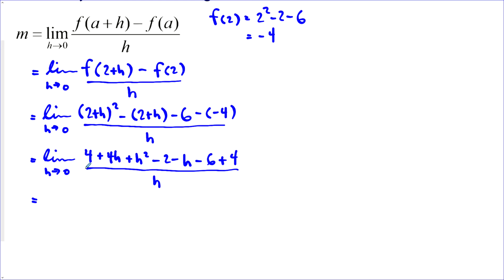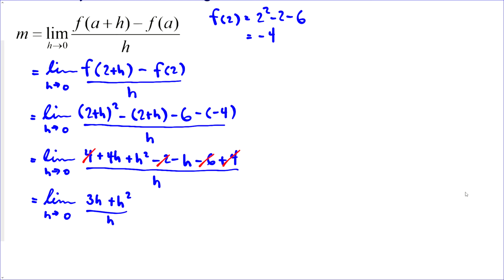We've got 4 plus 4 is 8, and minus 2 minus 6 is negative 8, so those will all cancel. And we've got a 4h minus h, so that would be 3h. So I'll write that on the next line. The limit as h approaches 0 of 3h plus h squared all over h.